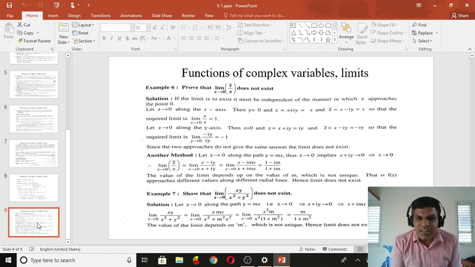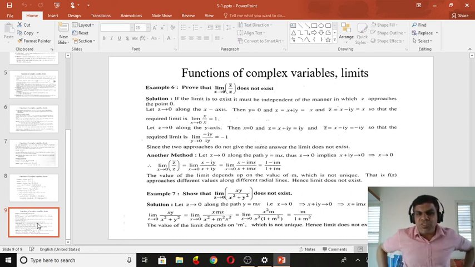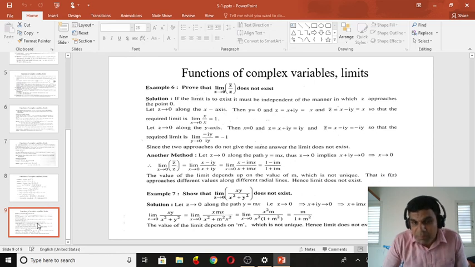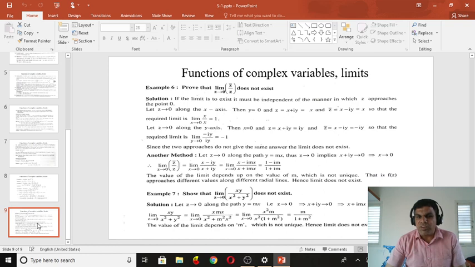Replacing y equal to mx, we get x minus imx divided by x plus imx. Taking x as common, we get 1 minus im divided by 1 plus im. The value of the limit depends on the value of m, which is not unique. Thus f of z approaches different values along different radial lines. Hence, the limit does not exist.